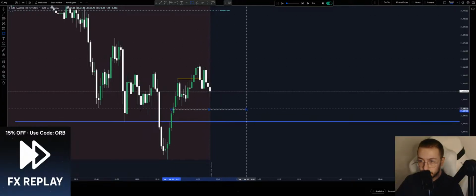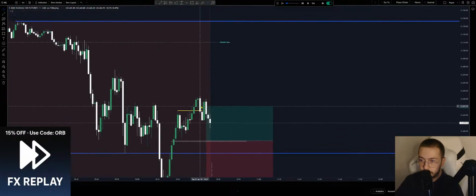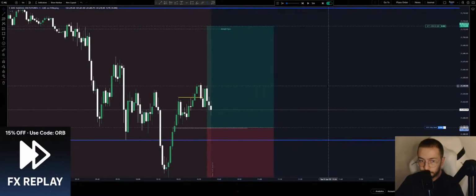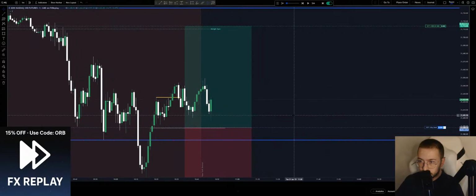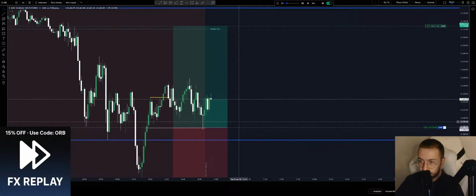Let's see. Fair value gap. Limit order. Like now it's 10:36. We have 30 more minutes to look for an entry. Okay, tapped us in at 10:52.